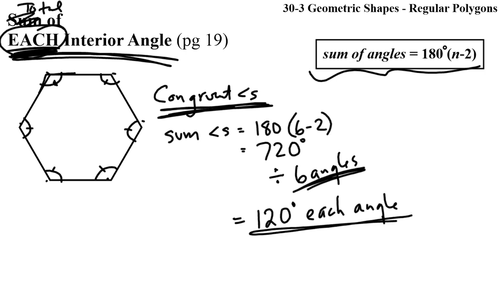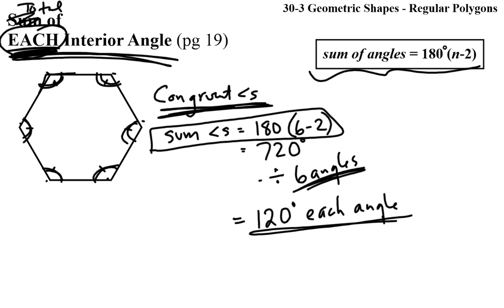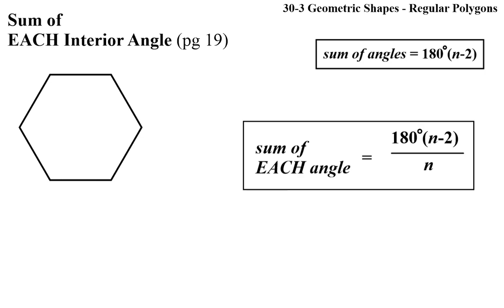So this isn't a big stretch. It's basically using the one calculation we know, but then we just have to figure out how many angles we have, and that's what we're going to divide by. So there's your new equation. The sum of each angle will be the sum of all the angles, but now we divide it by how many angles there are.